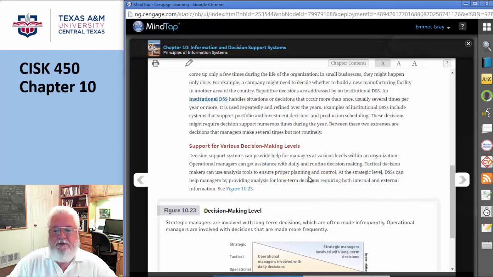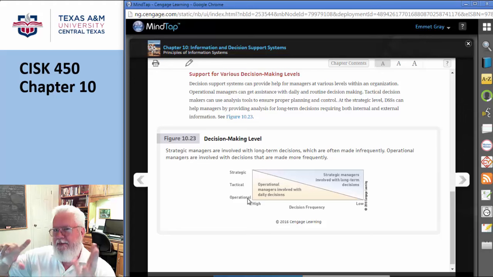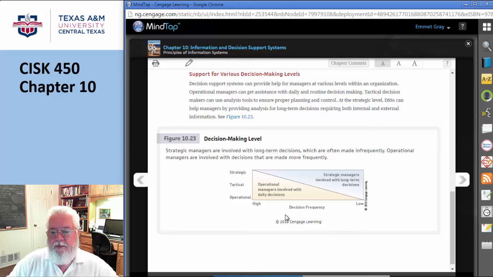Support for making decisions at different levels. This is kind of a view of the information pyramid, sort of. It talks about operational control, tactical control, strategic. Oh, those are good Army terms, aren't they? And what is the frequency? So most likely, strategic managers involved with making long-term decisions probably don't do that very often, right? In other words, how many times do you pick where a new McDonald's is?